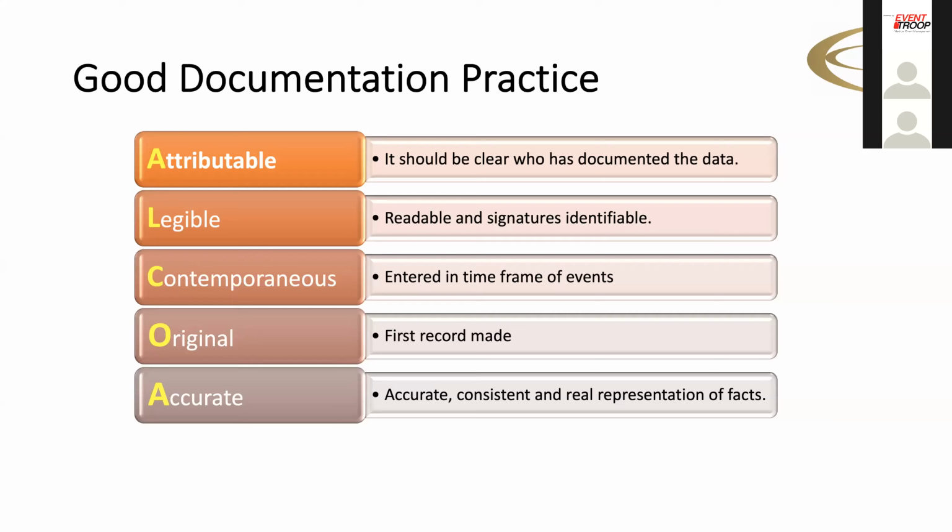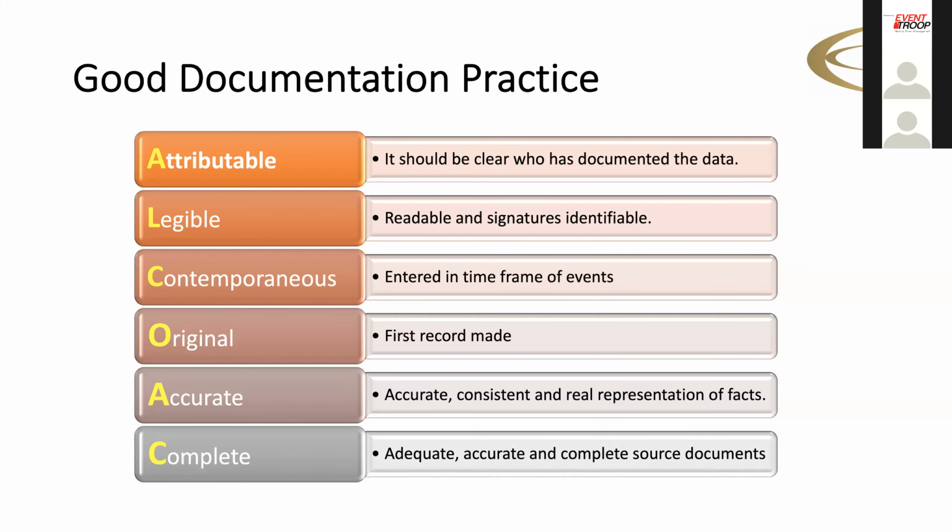For example, the patient's blood pressure was 350 over 75. Well, that's wrong. That's a mistake somewhere. It has to be very, very accurate. And finally, it must be complete. Adequate, complete. All your source documents must be complete. The source documents, when we look at them, should be able to tell us exactly what was happening to the patient when they entered the clinical trial.